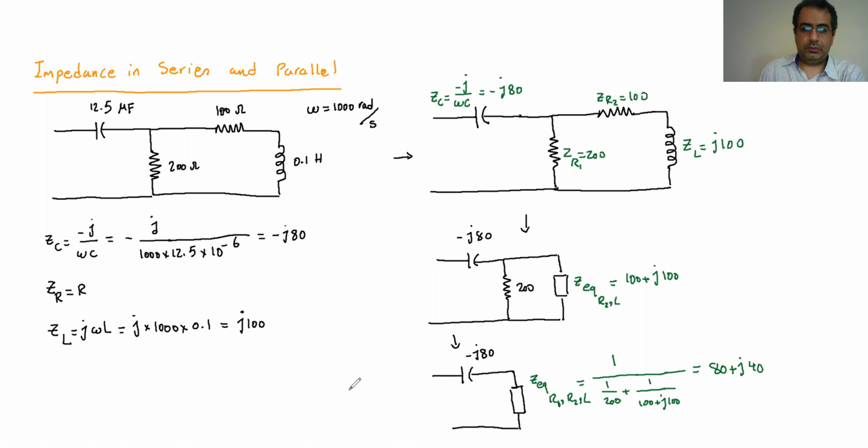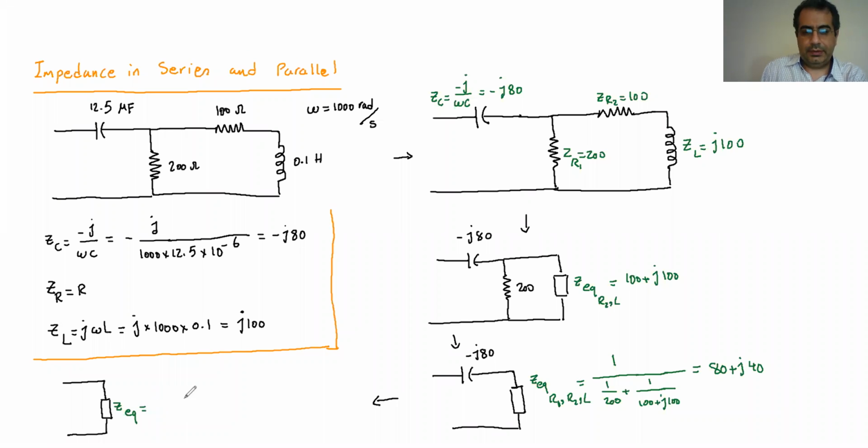And look at these two, and I'm going to write it down on the left. Let me draw a line here so I don't mix these two. Now look at these two. These two are in series. So I have this element and this element in series. The equivalent one is just to add them together. So the Z equivalent for all of them is eventually to add these two.